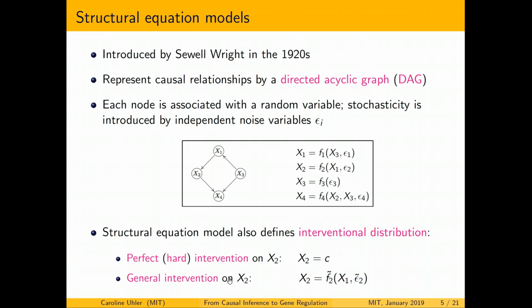And then a general kind of intervention encompasses all other interventions, meaning where I'm not necessarily setting the value of a variable to some constant, but I can, for example, change the function, so change how my causes act on me, or I can add some noise into the system at a particular node.